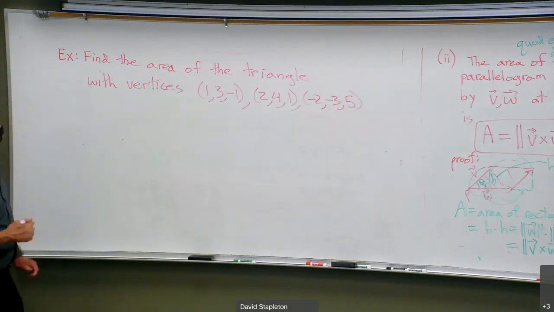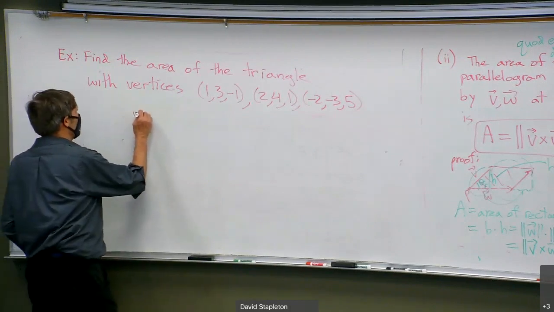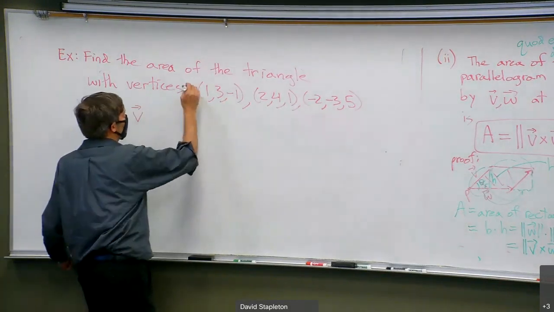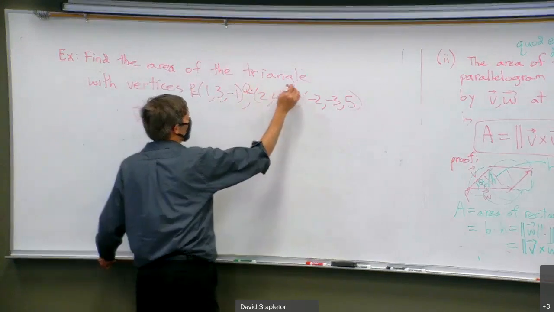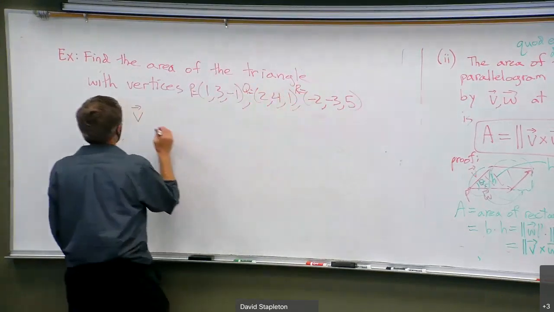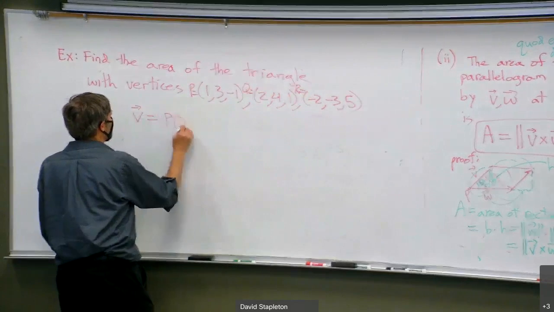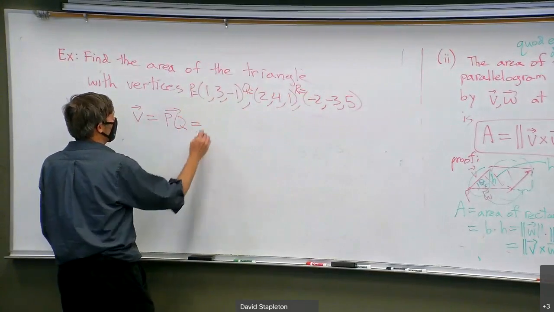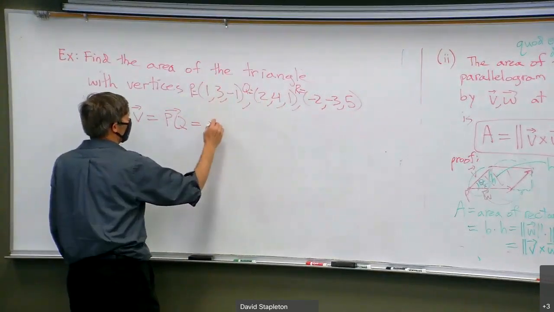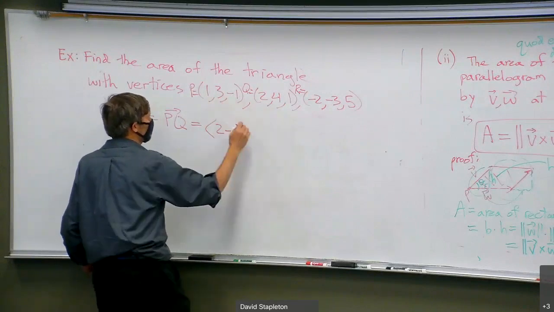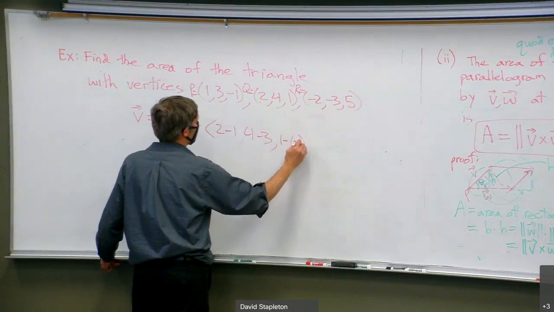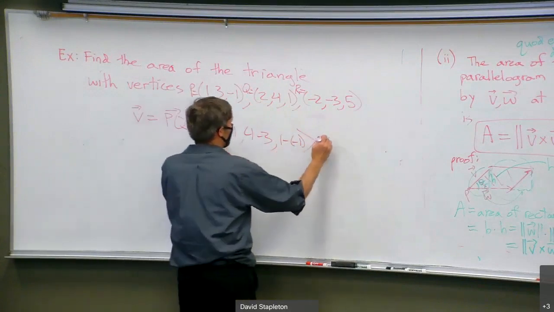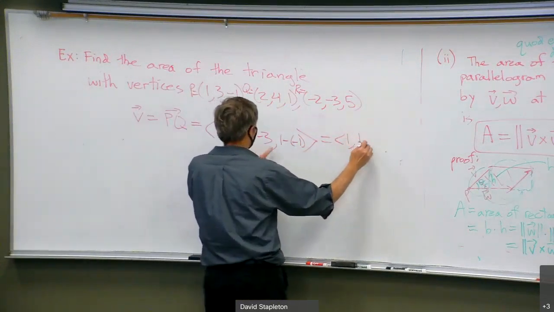Well, what you can do is take the vector V. If I call this point P, call this point Q, call this point R, let's take the vector V from P to Q, right? What we do is subtract coordinates, 2 minus 1, 4 minus 3, 1 minus negative 1. That's the vector from P to Q, with components 1, 1, 2.